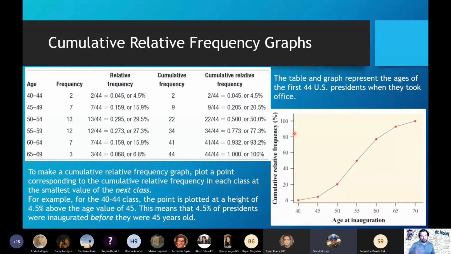So we can say, all right, well, this president who was 62, they're at the 81st percentile. Okay, so 81% of presidents were younger than this new president when they took office. So we can then start using these as predictors of percentiles and location.